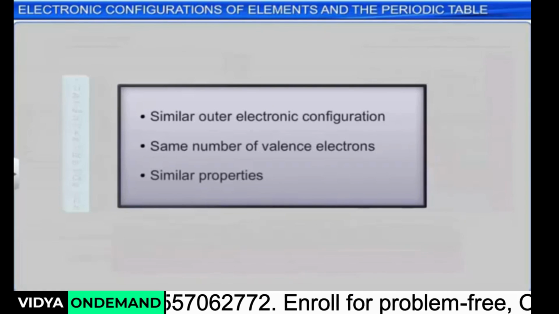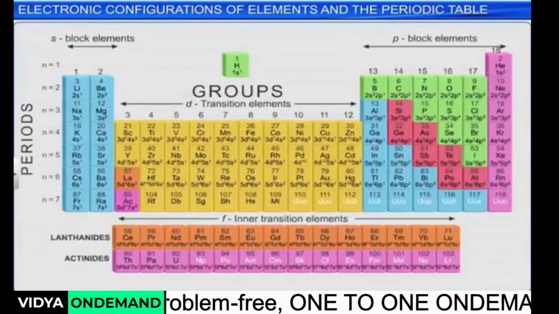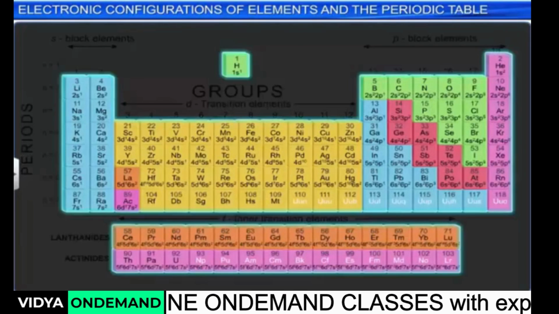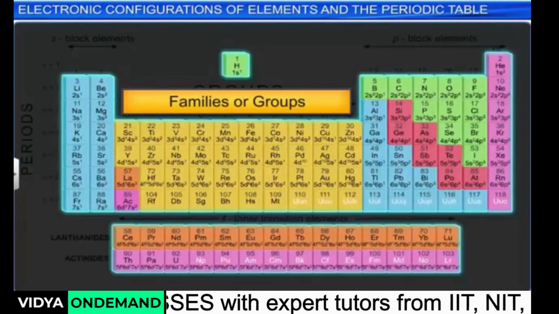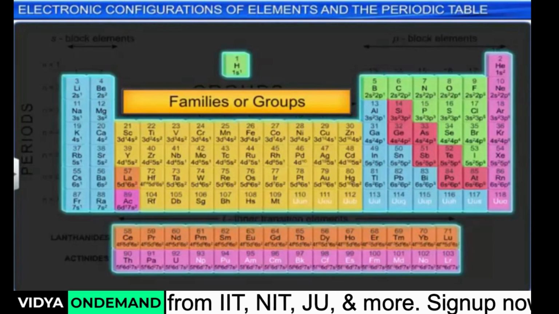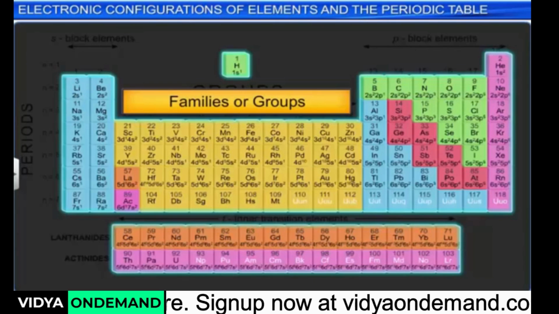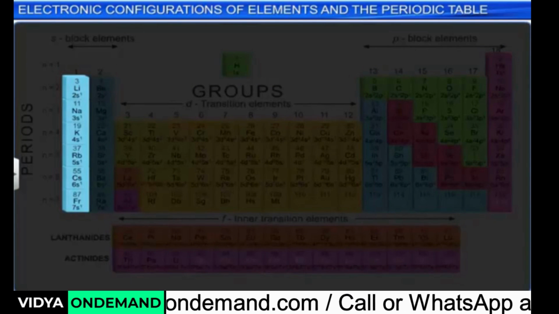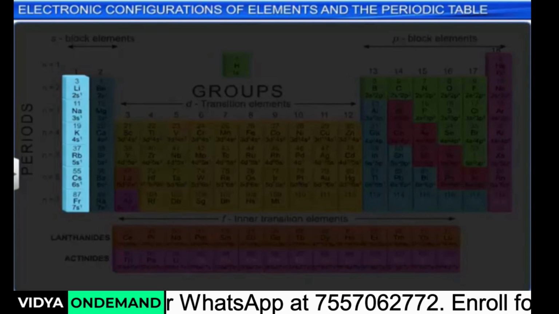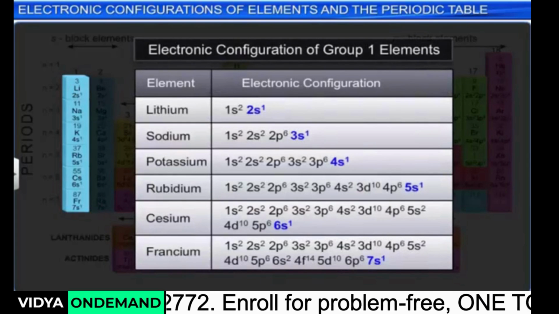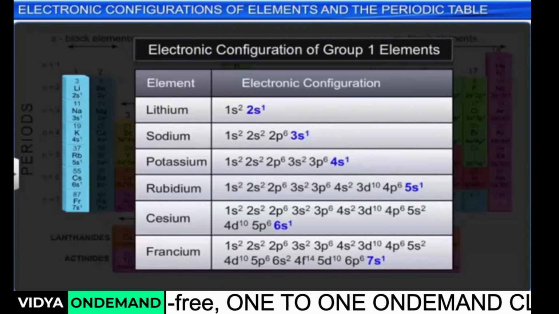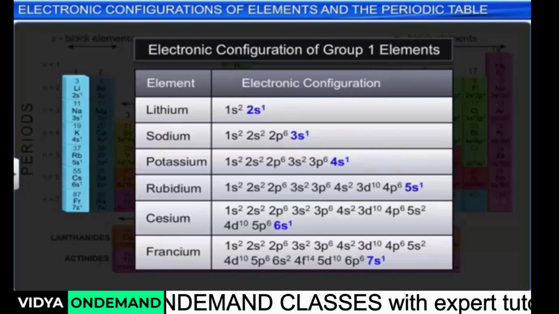For example, all the elements in group 1 of the periodic table have ns1 valence shell electronic configuration. Due to the presence of same number of valence electrons, all elements of this group are alkali metals that show similar properties.